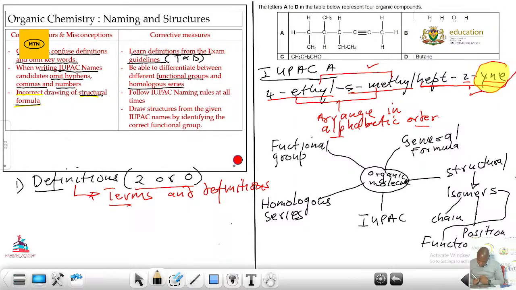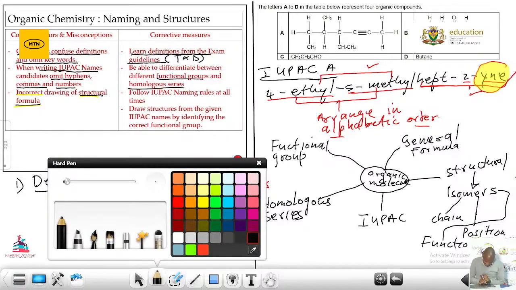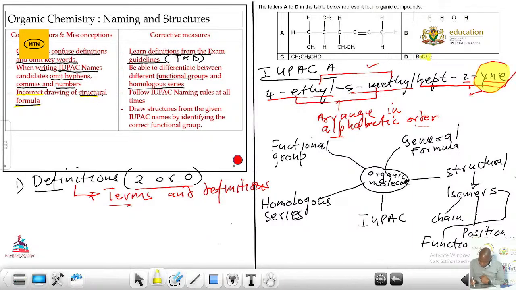Let's look at D as an example. I am at compound D as an example, where we are given the name of that particular structure, which is now what? The IUPAC name. So if I am given the IUPAC name, which is here, what are the possible questions that the examiner can ask?